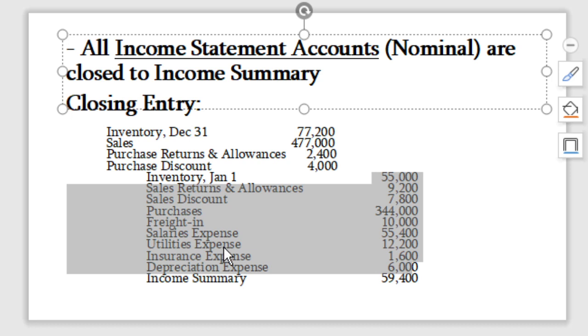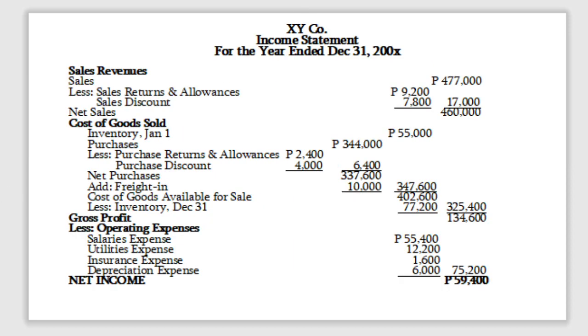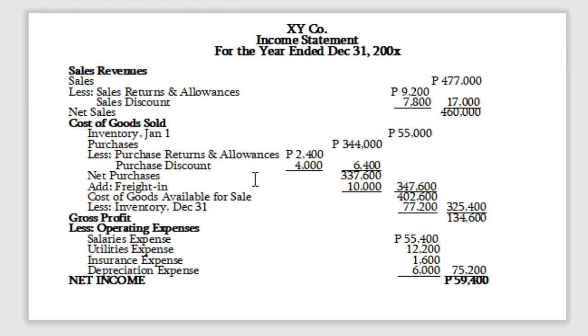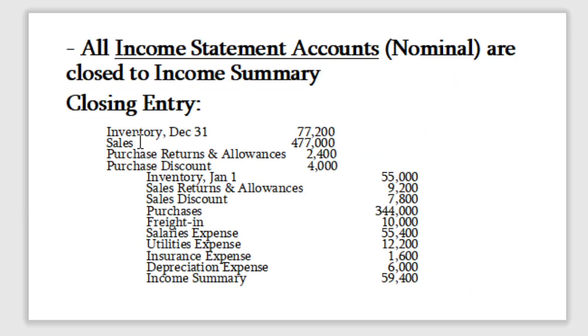So, kung mapapansin nyo, itong 59,400, ito din yung amount ng ating net income. So, since income siya, nasa credit side siya. Pero kapag nagkaroon tayo ng net loss dito, ang mangyayari sa income summary natin is naka-debit. So, since nagkaroon tayo ng net income, nasa credit side siya. So, ito yung first step. All income statement accounts are closed to income summary.